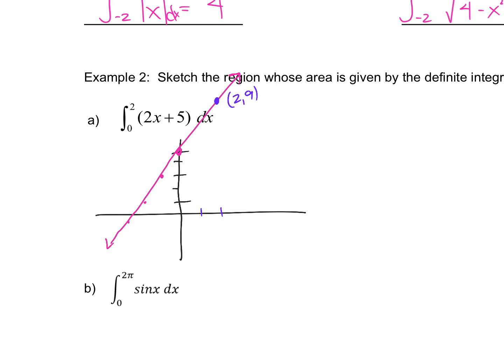So if I want to find the area under the curve from 0 to 2, that's essentially saying, if I just kind of drop a line down there, find this area, right? Integrate from 0 to 2 means find that area under the curve. What shape is that? A trapezoid. So I would say my area is 1/2. What's my base 1?